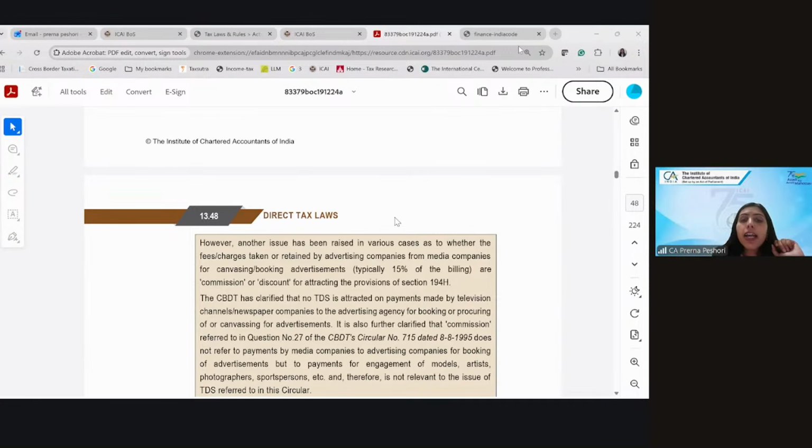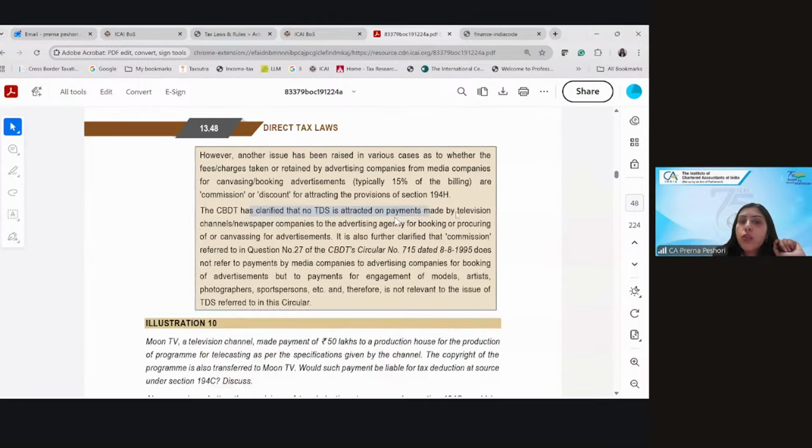So the CBDT has clarified that no TDS is attracted on the payment made by the television channel or newspaper companies as well to the advertising agency for procuring the advertisement. And it has clarified that the payment by the media companies to the advertisement company for booking of advertisement is not covered under 194H.